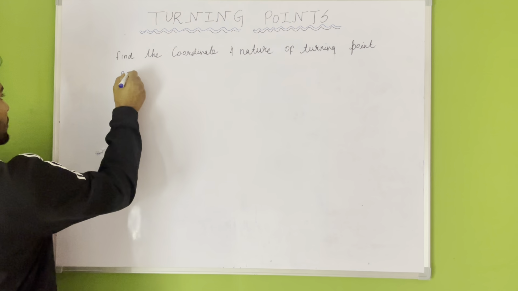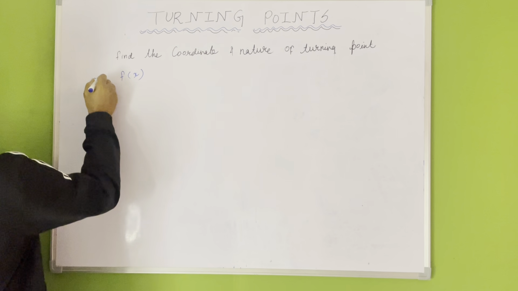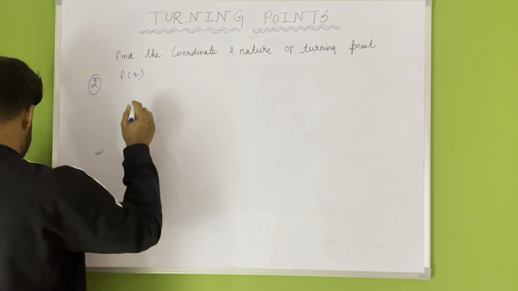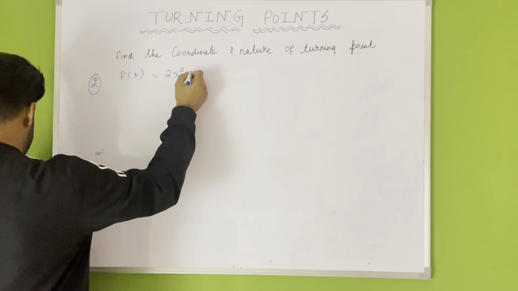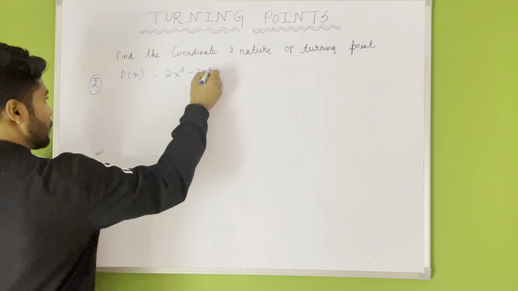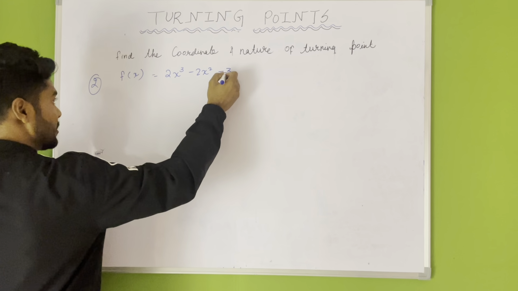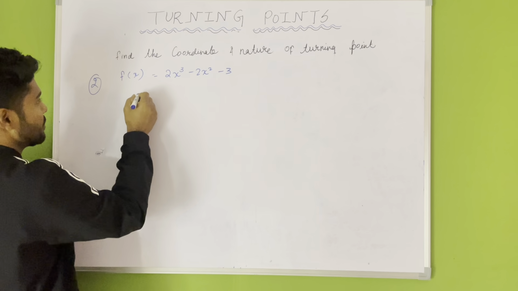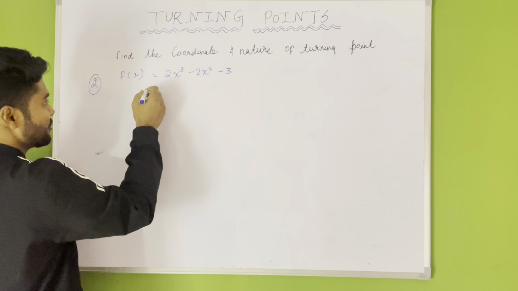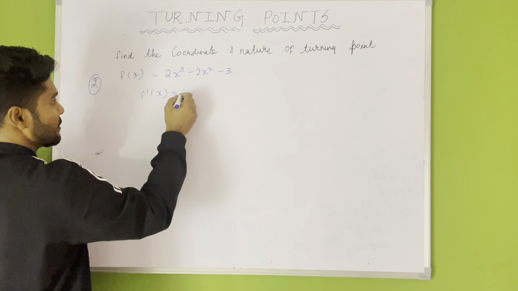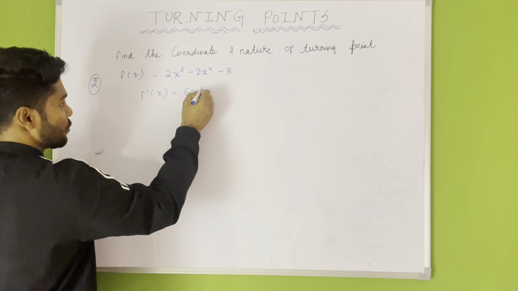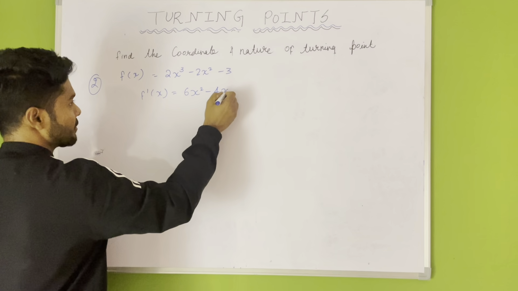Let us take another question. Example number 2: f(x) equals 2x cube minus 2x square minus 3. So our first step would be to differentiate this equation. Therefore, f dash x is equal to 6x square minus 4x.